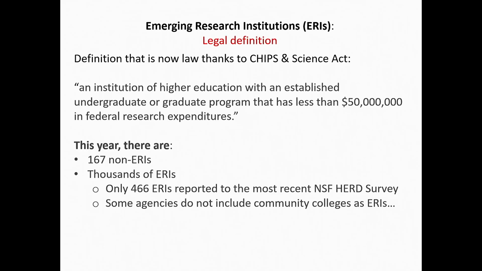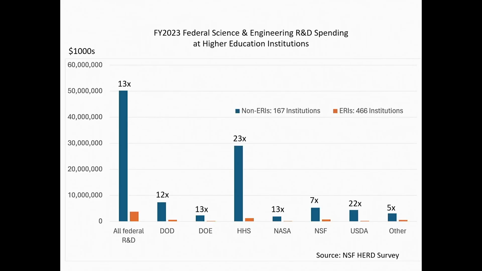Now there's 167. But there are thousands of emerging research institutions still. And this year, only 466 ERIs reported research activity to the National Science Foundation. And some agencies don't include community colleges, so how do you put an exact number on it? It's a new definition, so it's still being worked out. But that's the status right now.